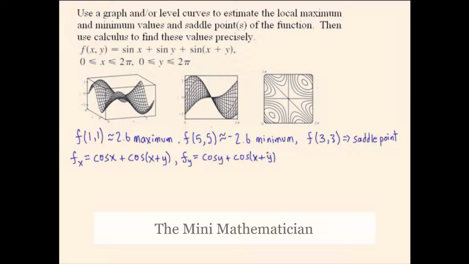Now we want to find the second partial derivatives. The second partial derivative of f with respect to x twice is equal to the negative sine of x minus the sine of (x plus y).